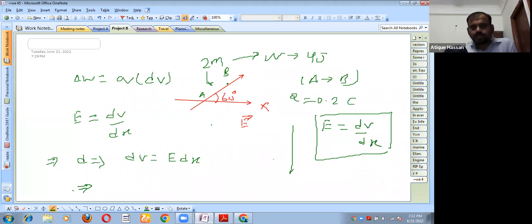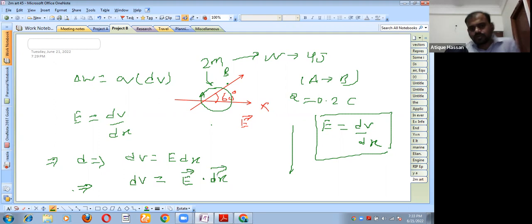But when you are moving at some angle with the electric field, in that case, the formula you have to use is E dot dx.